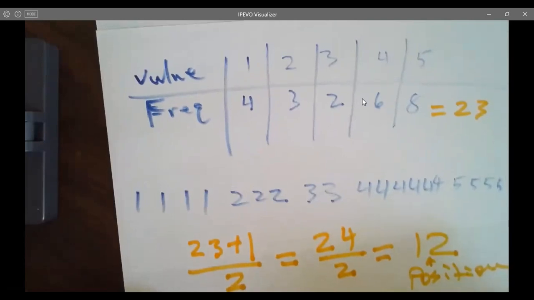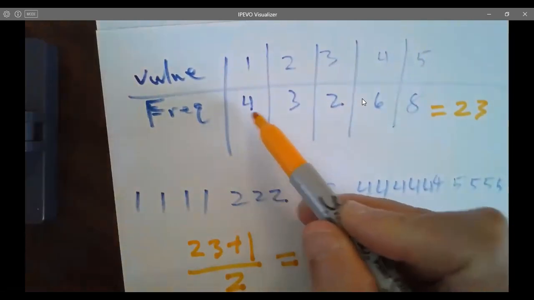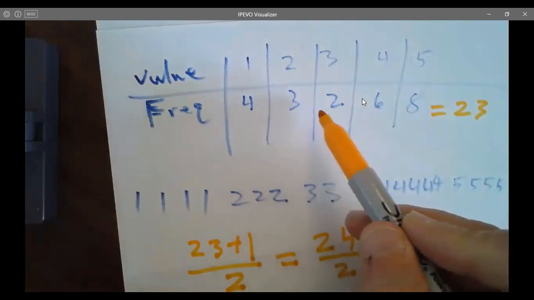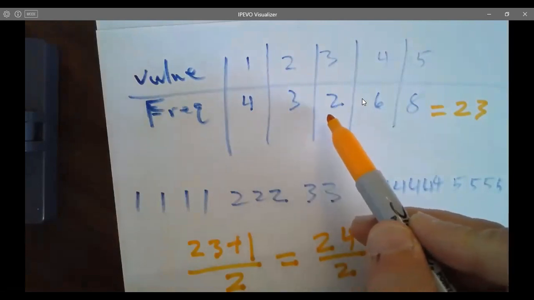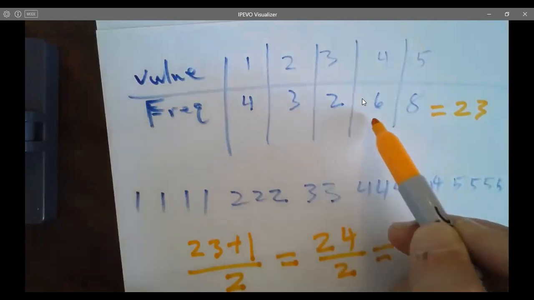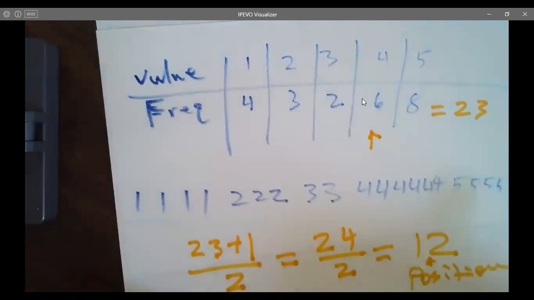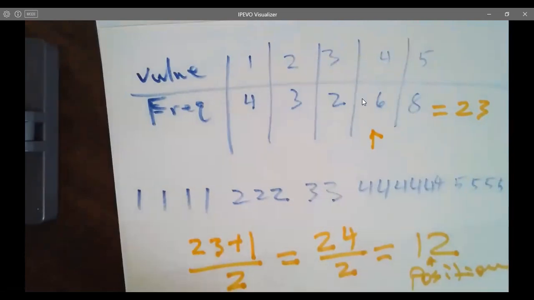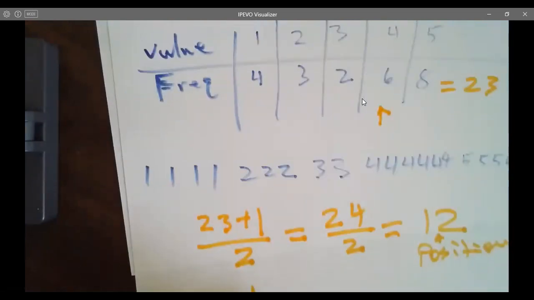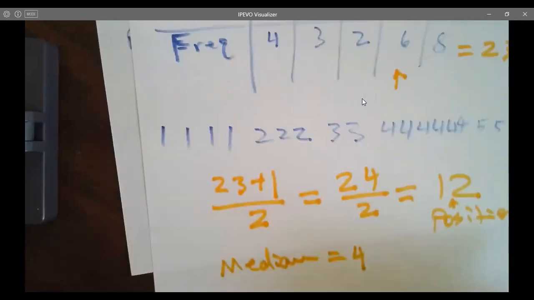Position 12 would tell us what our median is. So we go back here, 4 and 3 is 7, 7 and 2 is 9. Well, we want to get to 12. 9 plus 6 is 15. So 12 is going to be in the 4s. So therefore, our median is 4. Well, let's look.